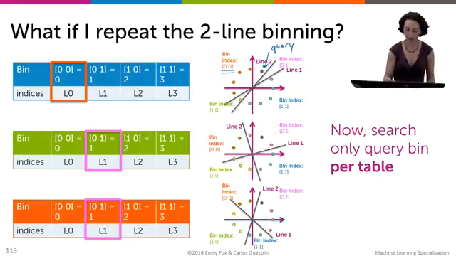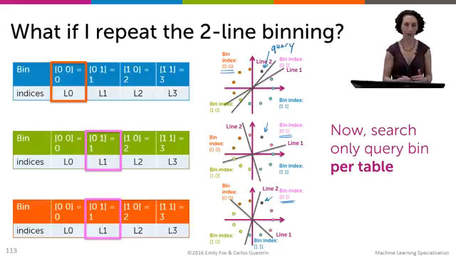And in the second case, this same query point has bin index 0, 1, so we're going to search the 0, 1 bin. And then likewise, in this case, it also has bin index 0, 1, so again, we're going to search the 0, 1 bin. So I've constructed this example.